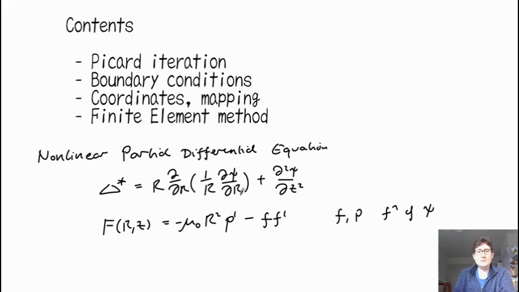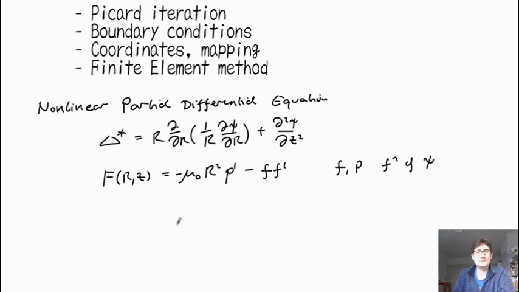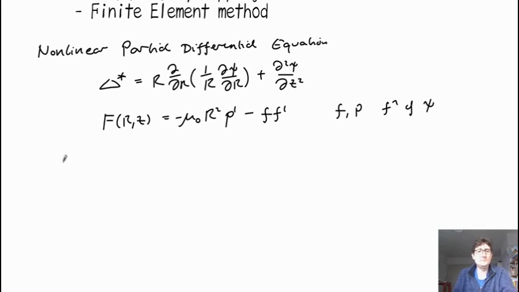So in order to solve this problem, we need to know what this is in order to calculate psi, and we need psi in order to calculate what this is. So what we do is have a Picard iteration. Choose psi naught, which is some function of R and Z. This is just an initial guess as to what the solution might look like.